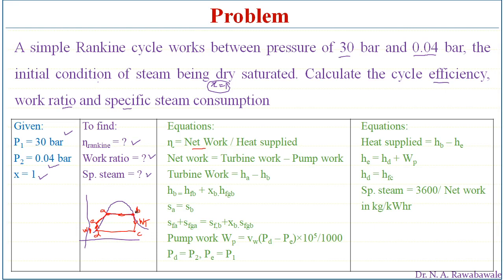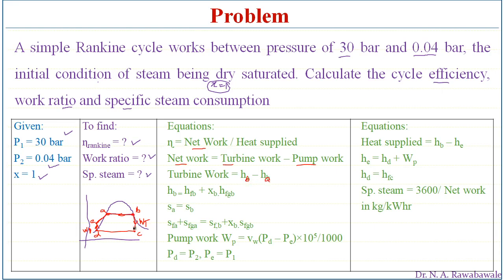So first we have to find the efficiency, which means we must find the net work and then the heat supplied. In order to find the net work we must know the turbine work and then the pump work.